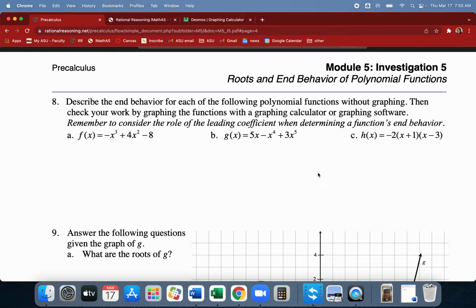Just the middle is messier. Even powered functions, like parabolas, are going to behave like parabolas. Both ends go the same direction. Is it up or down? You can tell from the leading coefficient, because that one becomes dominant when the input variable, x in all of these, is extremely far from 0.